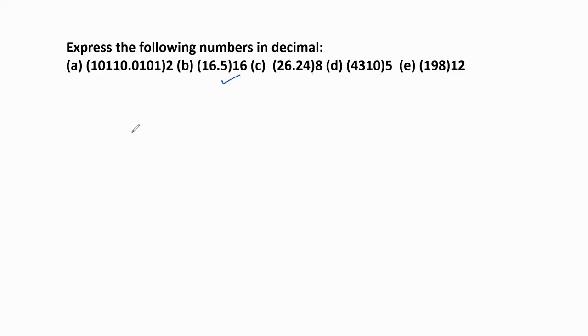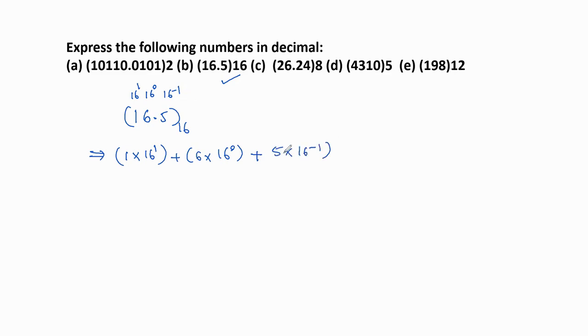Okay, let us solve the second part. Let us rewrite the given number 16.5 with the base 16. This is a hexadecimal floating number. We have to convert it into decimal, so apply the weights of 16, 16 power 0, 16 power 1, and for the fractional part, 16 power minus 1. Now multiply 1 into 16 power 1 plus 6 into 16 power 0 plus 5 into 16 power minus 1.